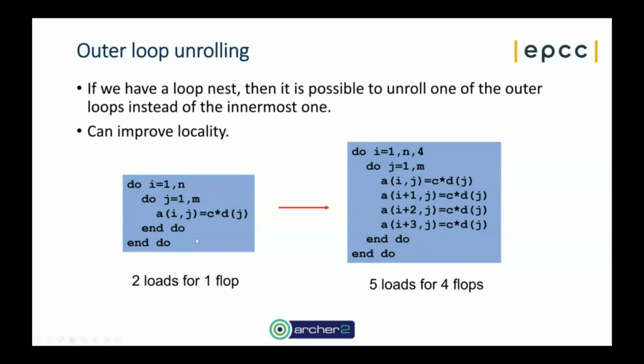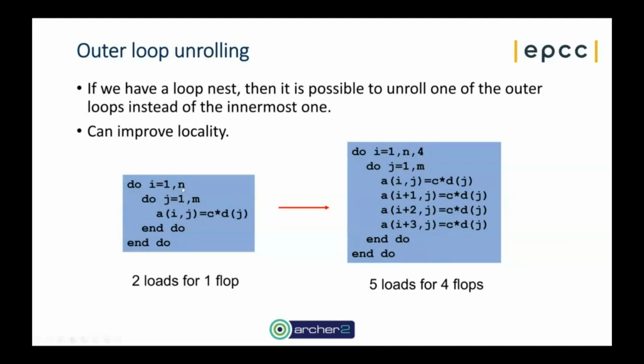Whereas in this form we have here, where j is the innermost loop, we'll load up a cache line for I of 1, and then we'll move on and load up another cache line for I of 1 and j of 2, and I of 1 and j of 3. So that's lots of loads from main memory, and we're not reusing any of that data until we've gone all the way around the j loop and come back around. And by that time, our cache data may have been evicted and we lose that locality.